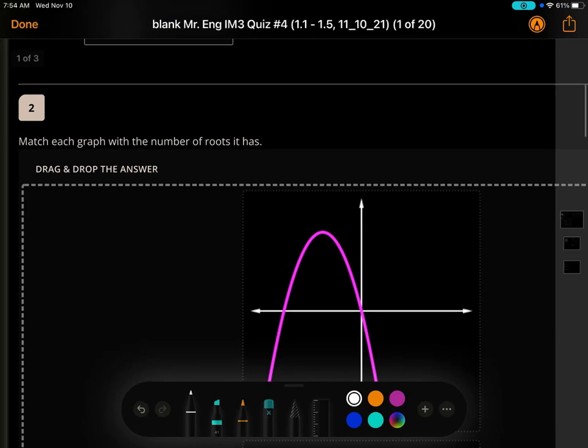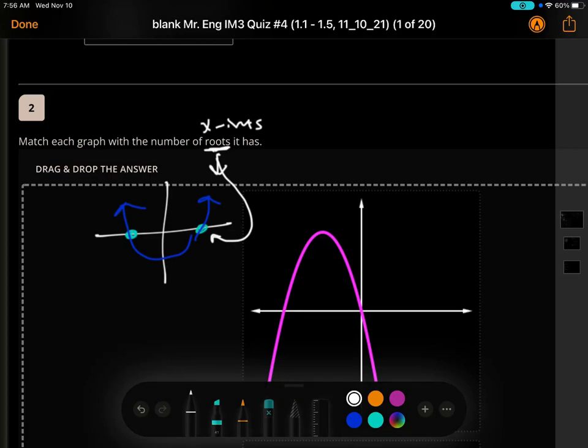Number 2, match the graph with the number of roots. Roots is just a way of saying these blue dots. So we call them roots, x-intercepts, solutions, zeros.